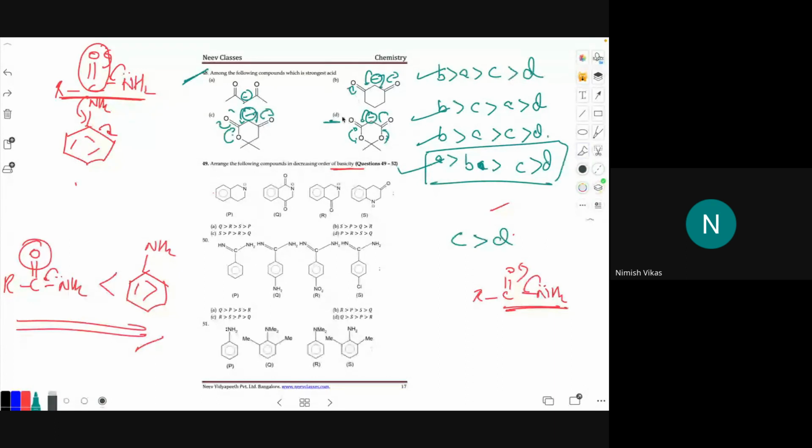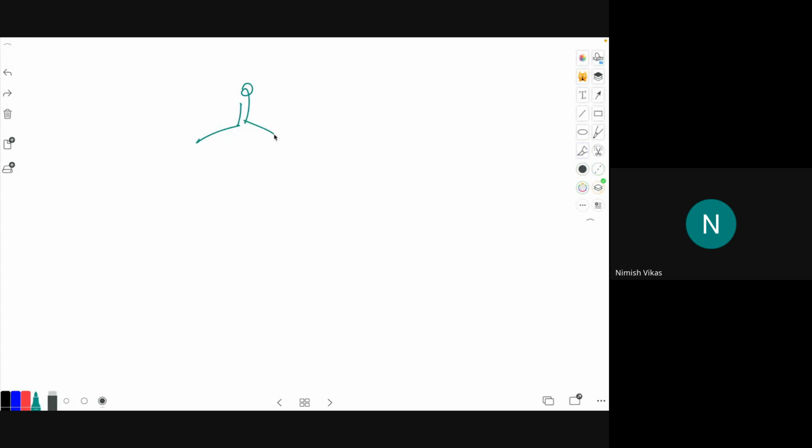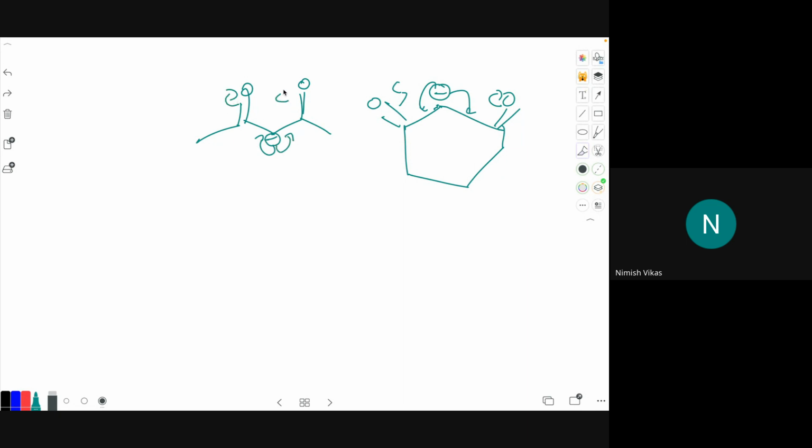But this is also resonance stabilized, 100%. This is also 100% resonance stabilized. This is also 100%. Well and good.